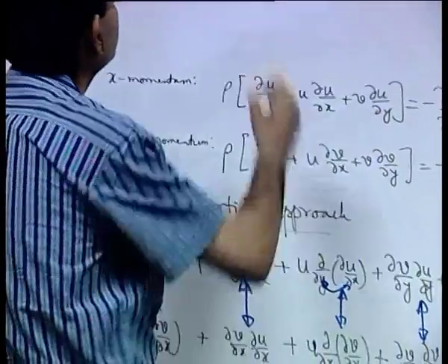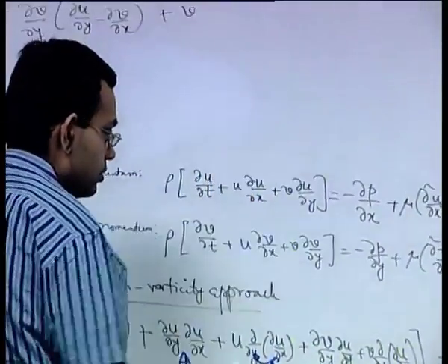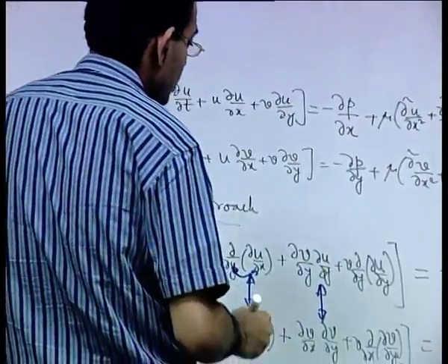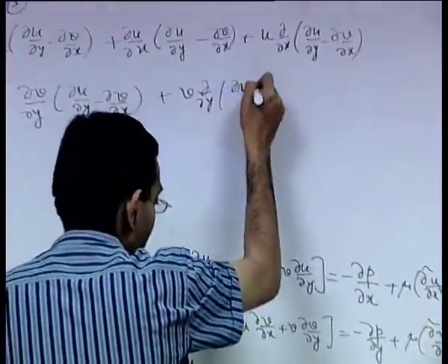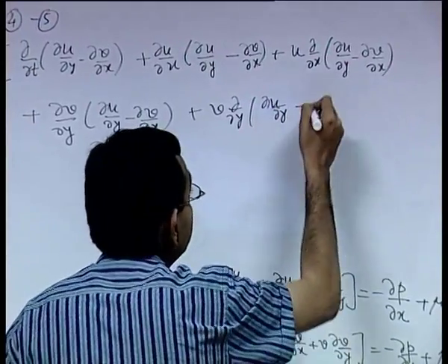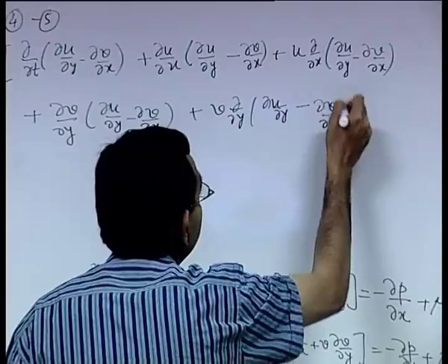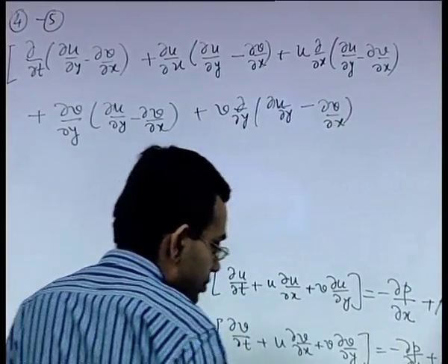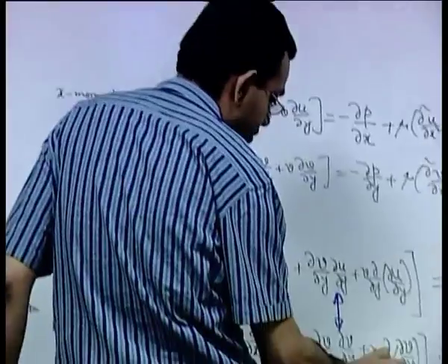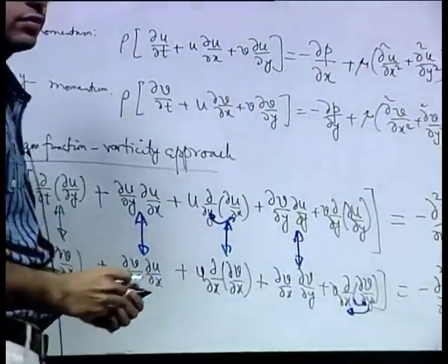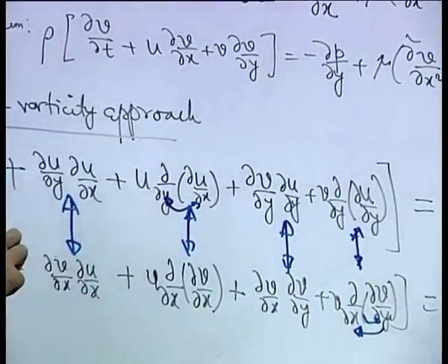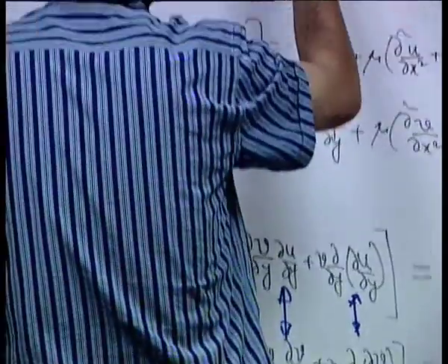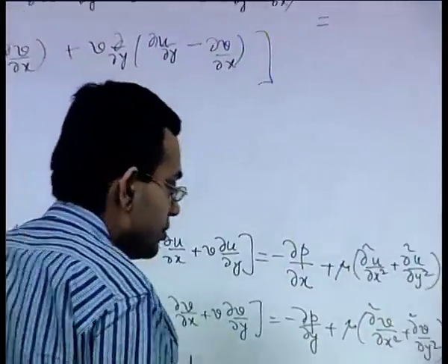Finally, v del del y of del u del y minus del v del x. Here also you swap the x and y in the last term. So, that is the left hand side. Now, let us write the right hand side.